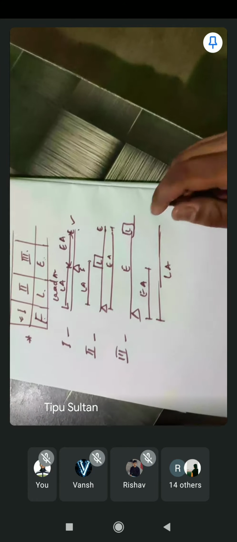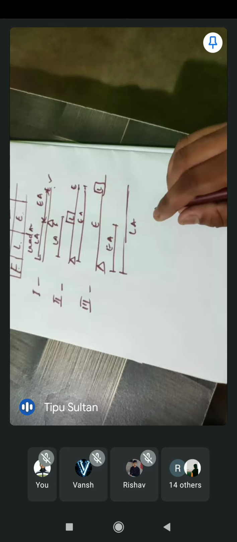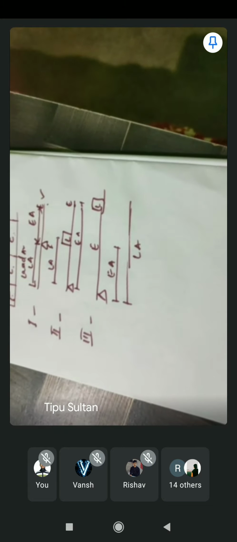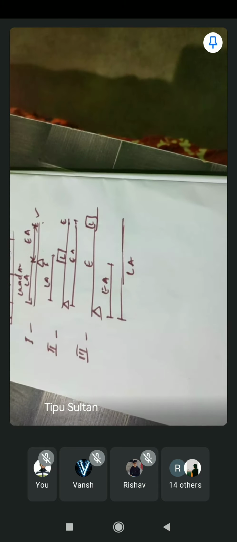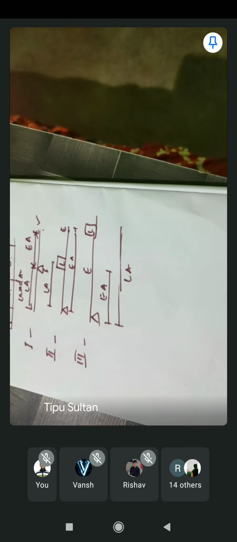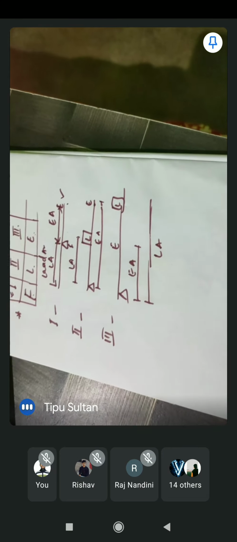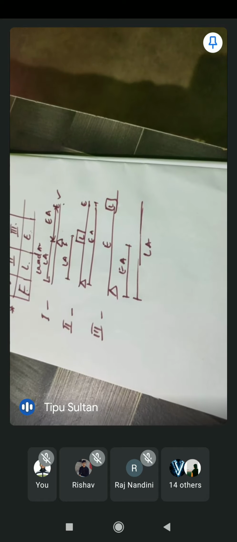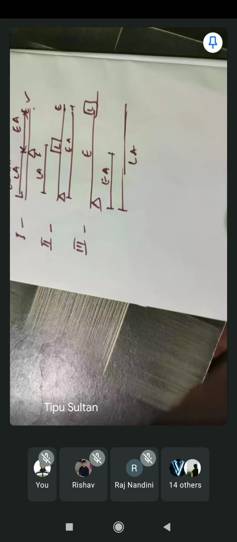Seesaw, very good example. Class 2, tell me. Nutcracker. Yes, very good. Class 2 nutcracker.